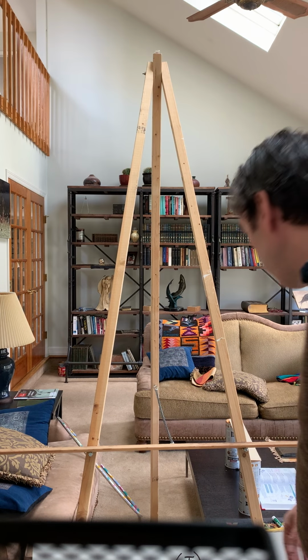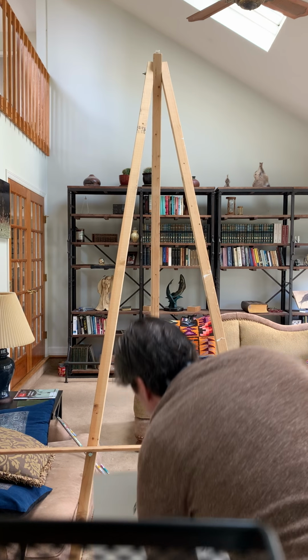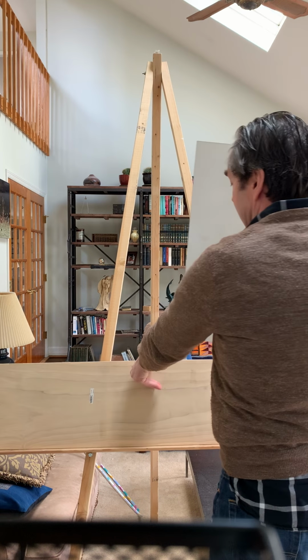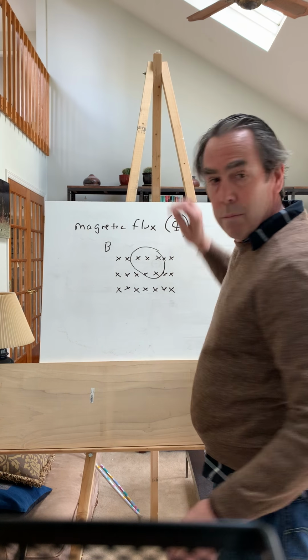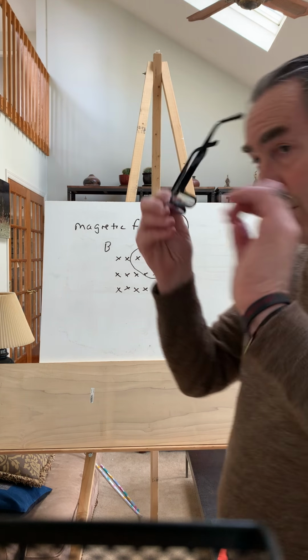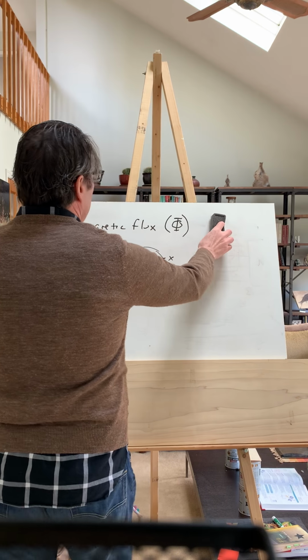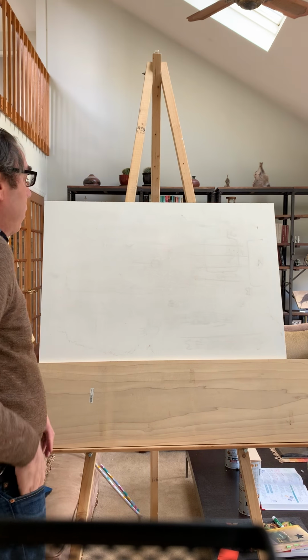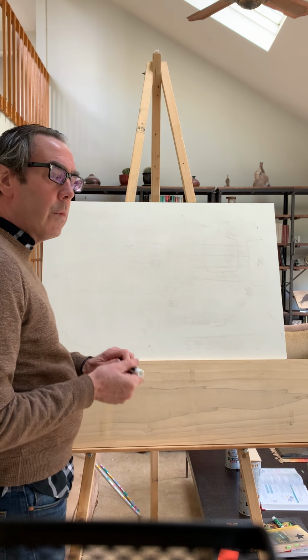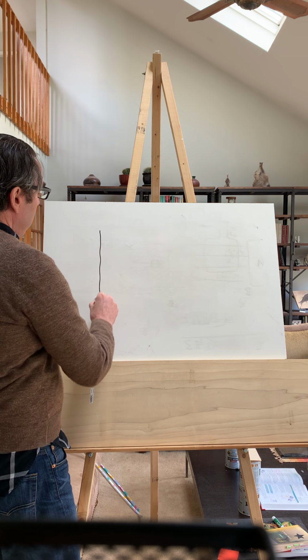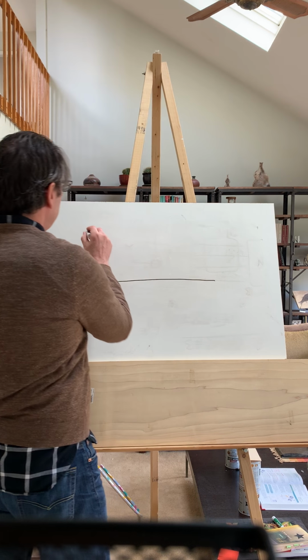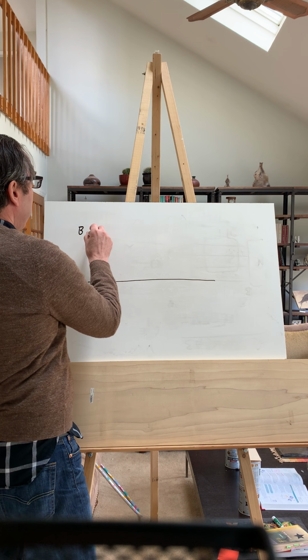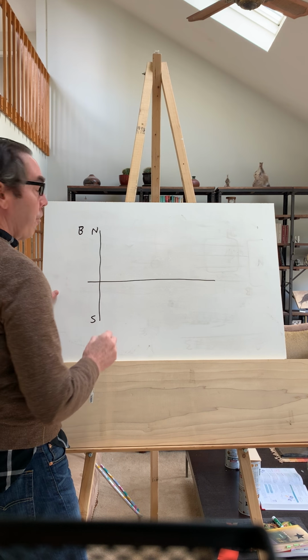And so what's happening there is that by physically moving the magnet around the coil of wire, we're causing the magnetic field B to fluctuate between a north and south pole, right?